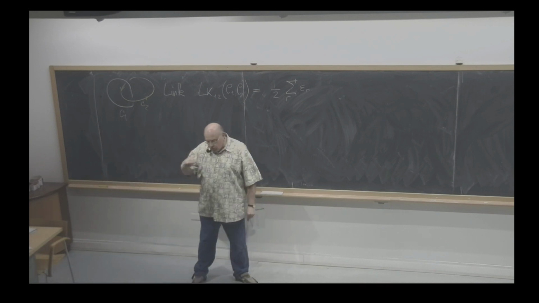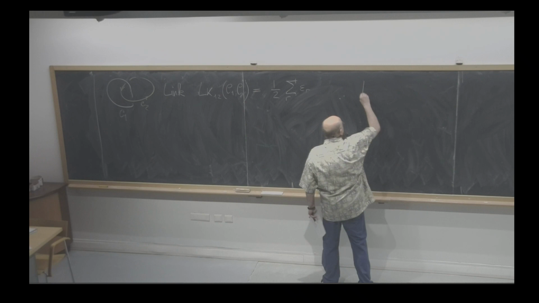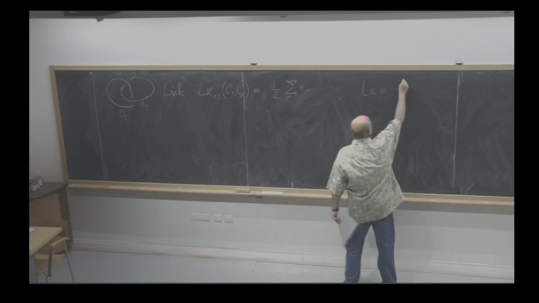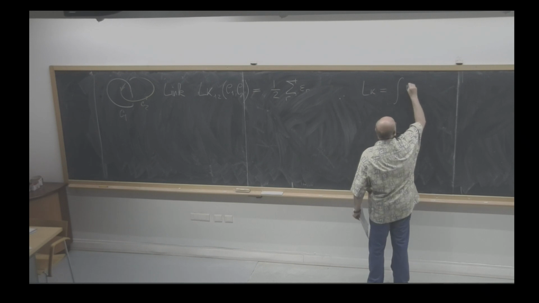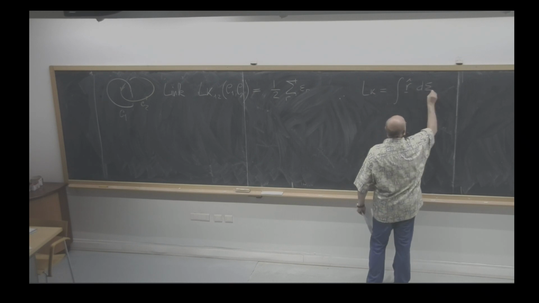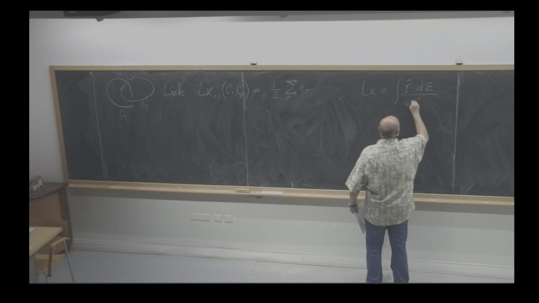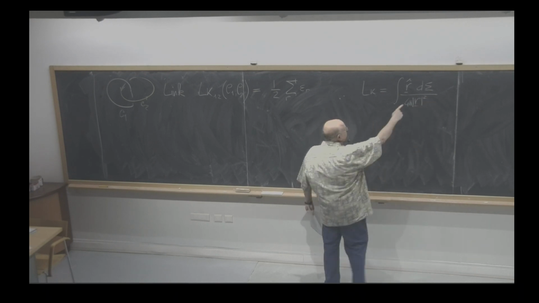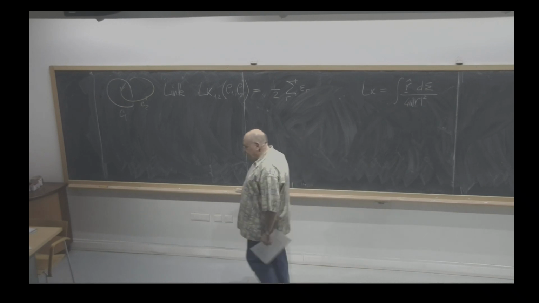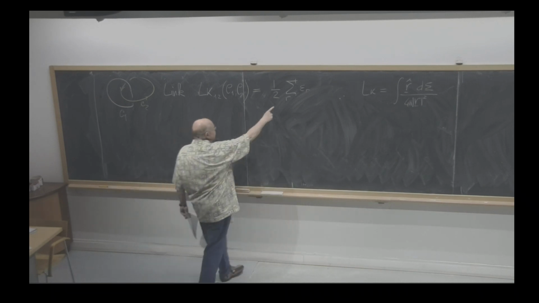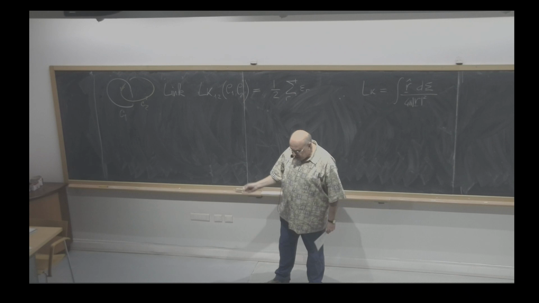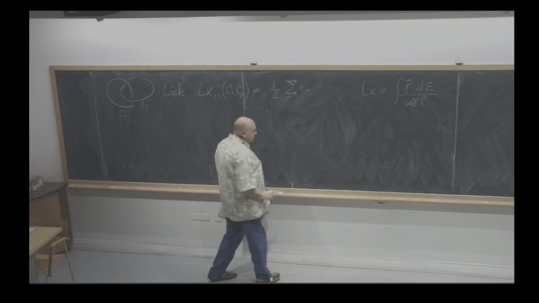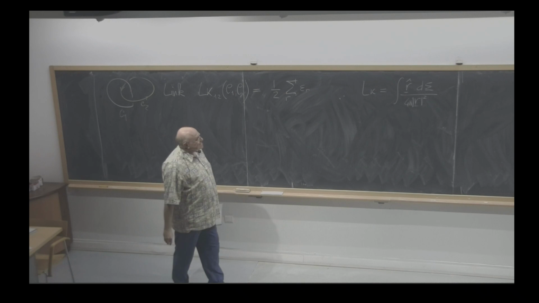Then I quickly showed you that this formula can be made explicit in terms of solid angle. At a certain point I wrote something like this: r hat ds divided by 4 pi r squared, which is just the definition of the solid angle. And through this, you can get the interpretation of linking numbers in terms of the algebraic sum of crossing sites.